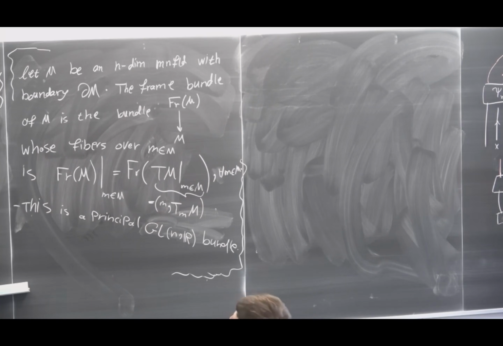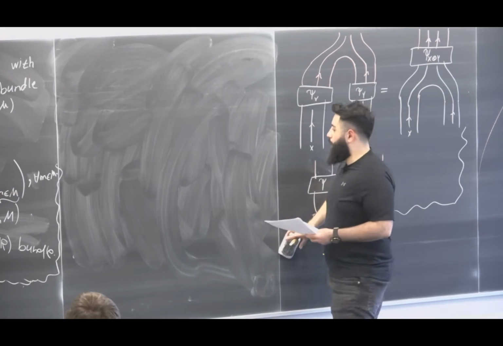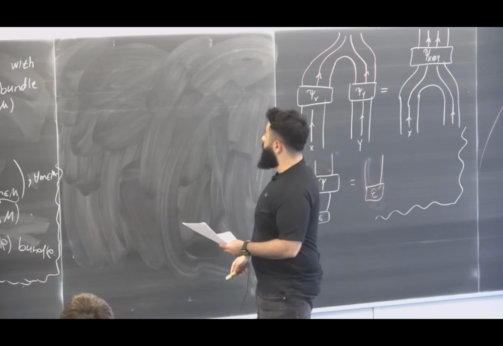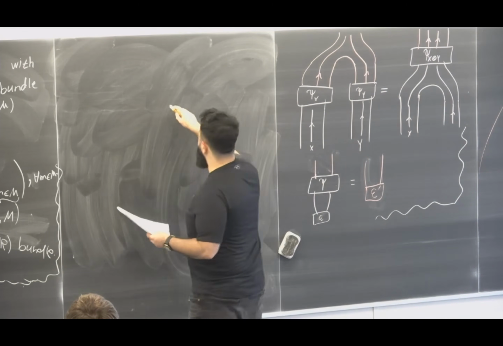Now for a Mobius strip, it doesn't have an orientation because it's non-orientable. If you pick an ordered basis, let me see if I can draw it.